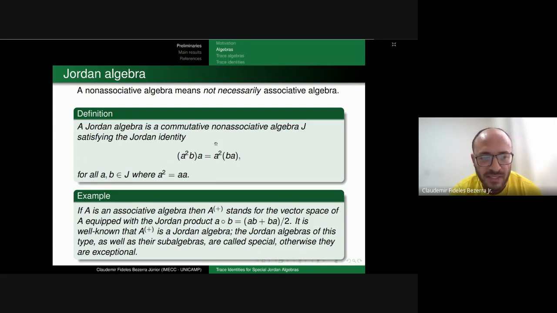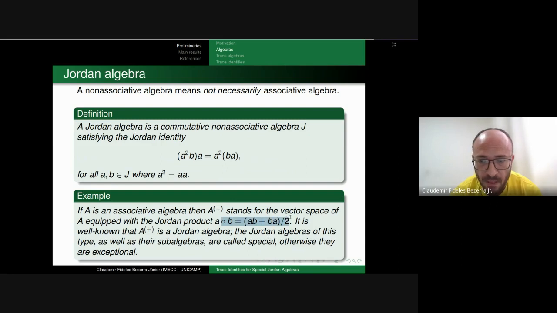A simple example is when we take an associative algebra A and consider its vector space structure equipped with the Jordan product, denoted by this.